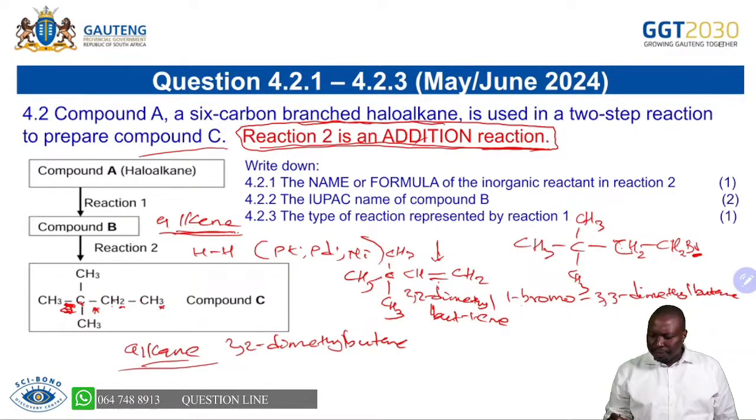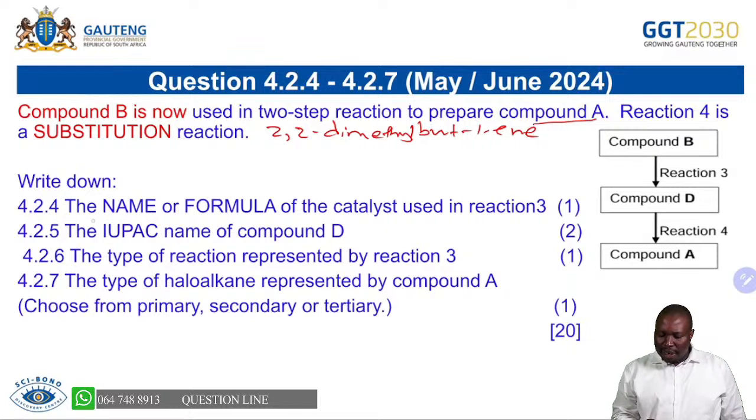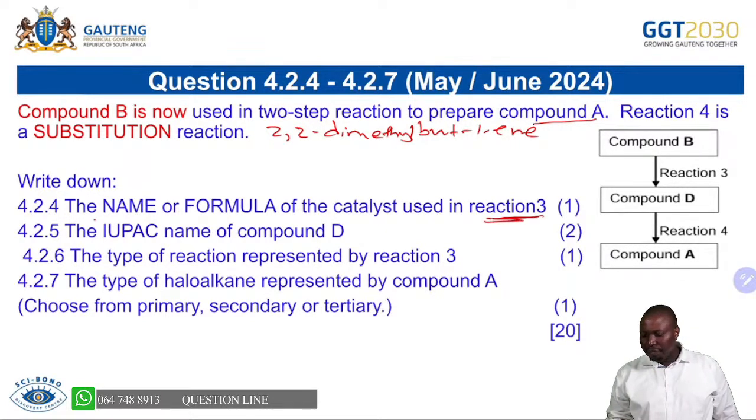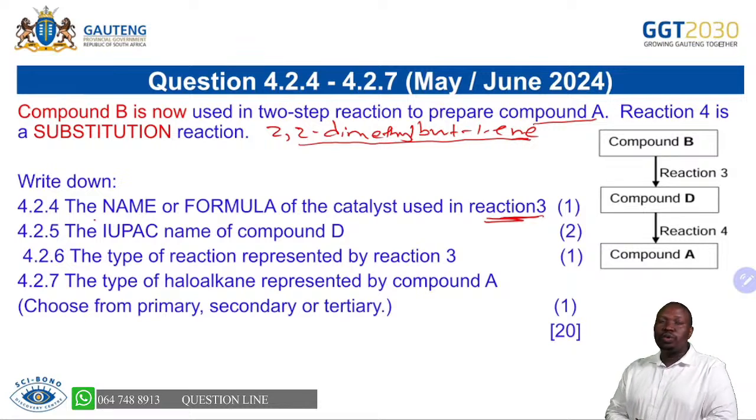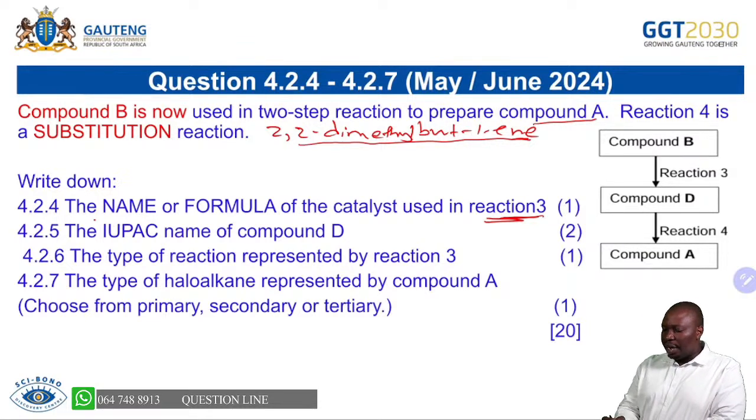Now, check the name or formula of the catalyst used in reaction 3. In reaction 3 we have an alkene, compound B, 2,2-dimethylbut-1-ene.